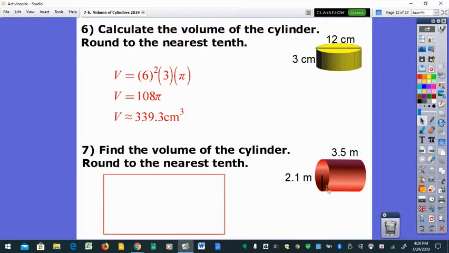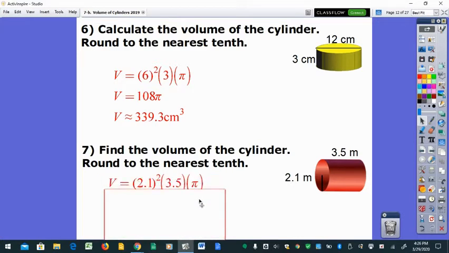Now speaking of volume, let's take a look at this red one. This time they gave us the radius, so we're ready to go. The volume is the radius squared times the height times pi. I'm going to take 2.1 raised to the second power, times 3.5. And in the calculator, I see 15.435. Notice I did not round yet.